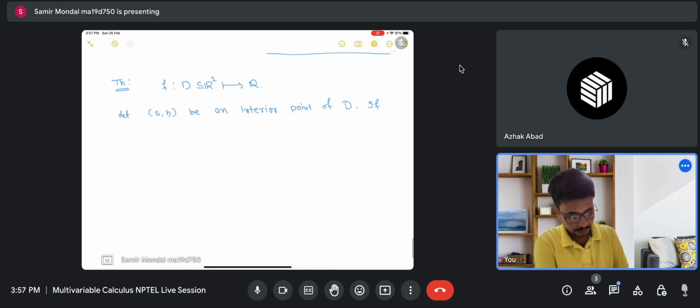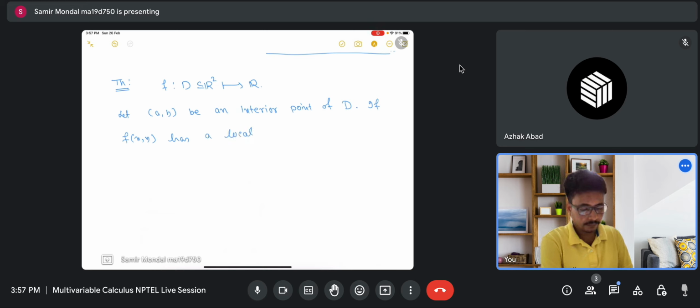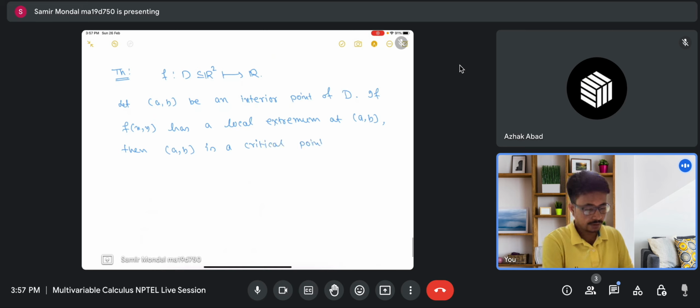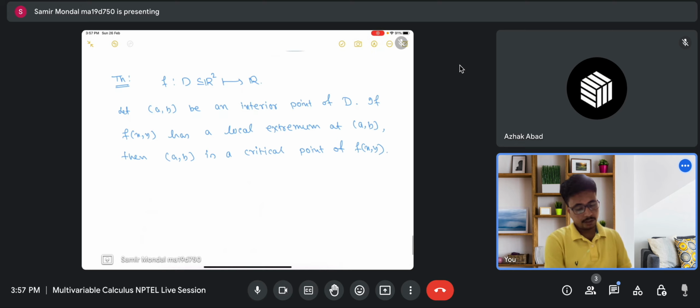If f of (x, y) has a local extremum at (a, b), then (a, b) is a critical point of f of (x, y).